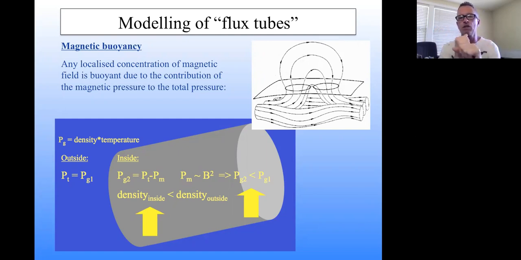So where I have concentrations of magnetic field, under certain assumptions of fast equilibration of pressure and temperature, I have buoyant structures. Magnetic flux concentrations are buoyant because the density is evacuated in those regions, so they tend to rise. This is a very hand-wavy argument, and you can make it much more rigorous, but that's the basic idea of why flux concentrations might rise.